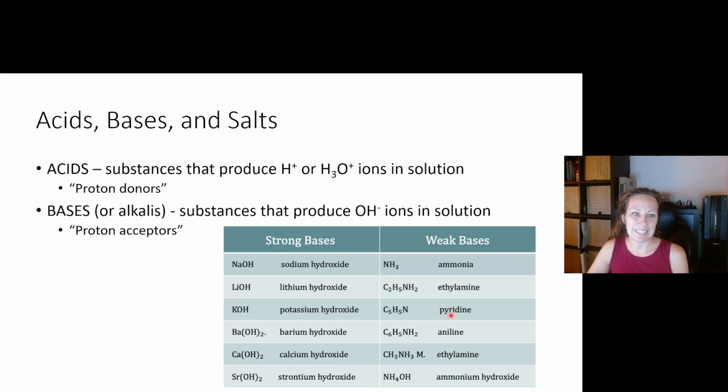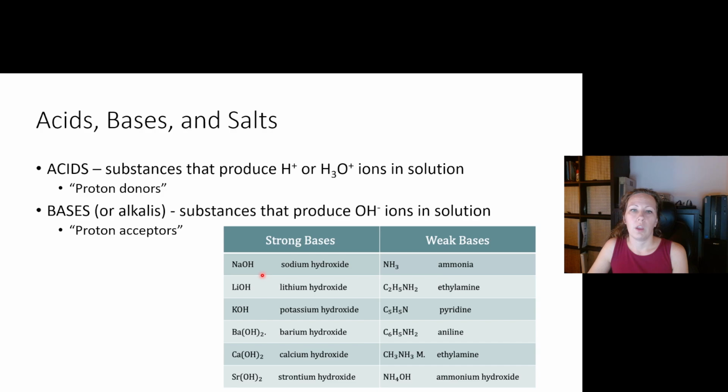Okay, so then bases, on the other hand, are substances that will produce hydroxide ions in solution. You look at these common strong bases in particular, and you see that hydroxide is a part of all of them.